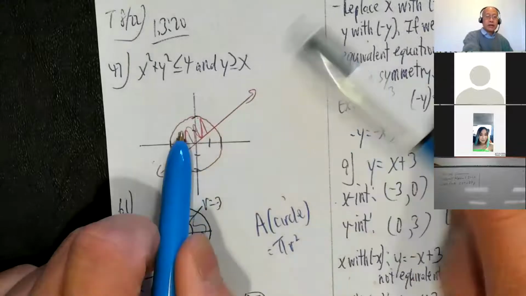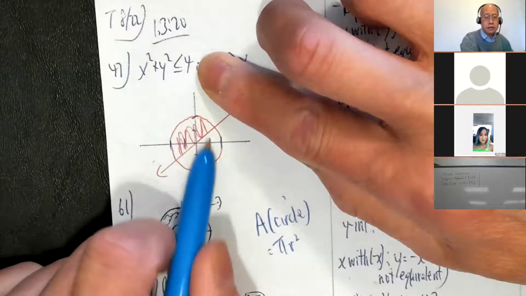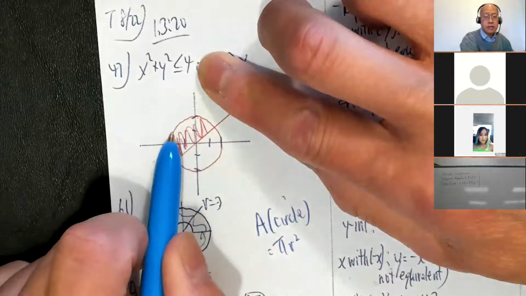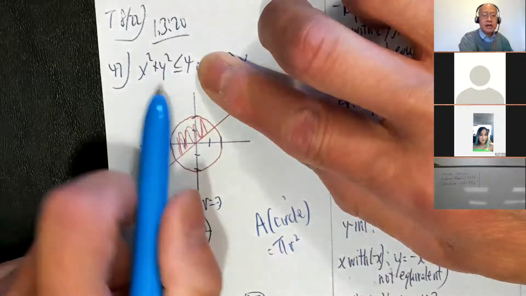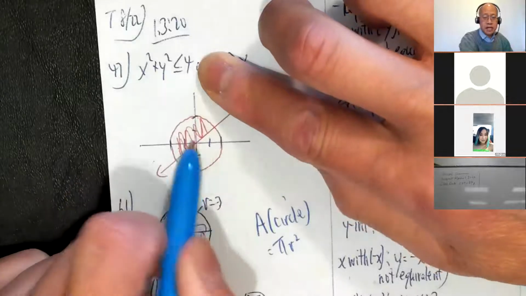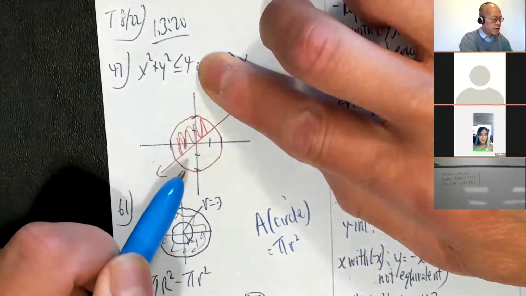So if I didn't see this, I'd be shading all of this, right? x squared plus y squared equals 4 is this circle. Less than or equal to 4, that's everything inside. So why don't you just shade everything inside?